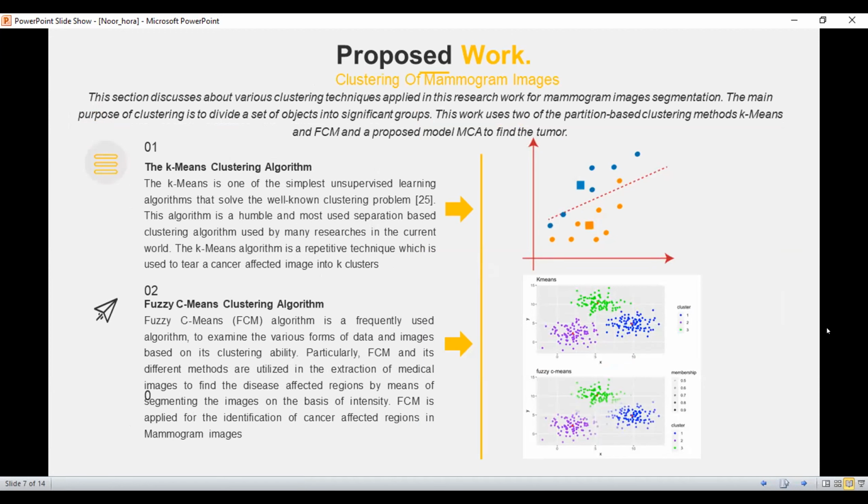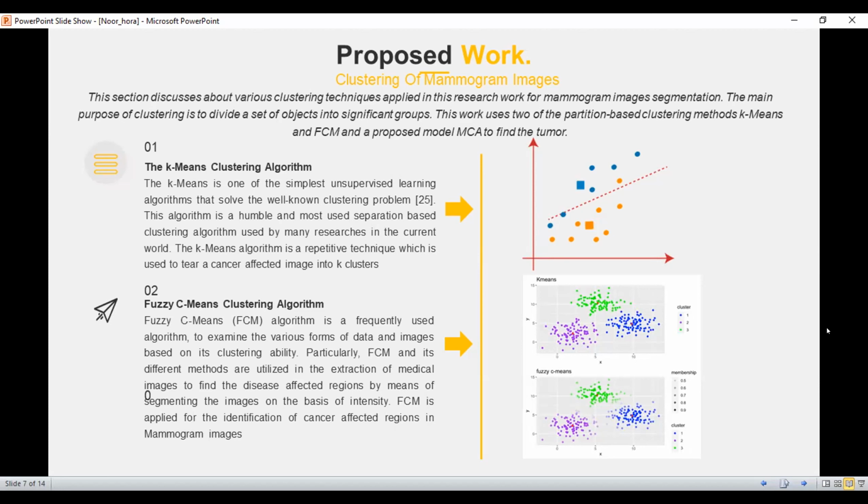Process for clustering of mammogram images: the K-means clustering algorithm and the Fuzzy C-means clustering algorithm. K-means is one of the simplest unsupervised learning algorithms that solves the well-known clustering problem. The algorithm is a simple and widely used centroid-based clustering algorithm used by many researchers in the current world.